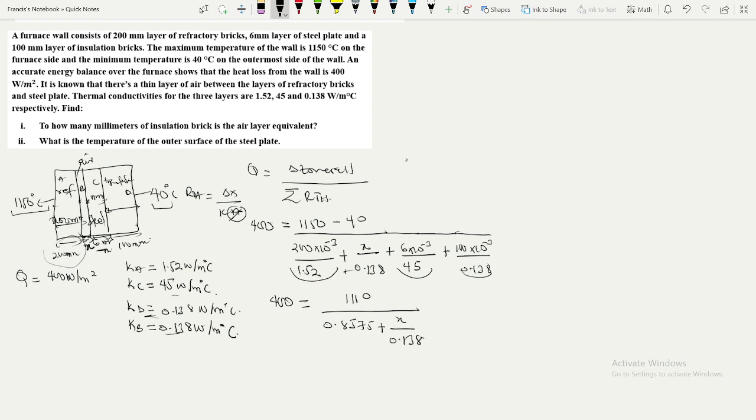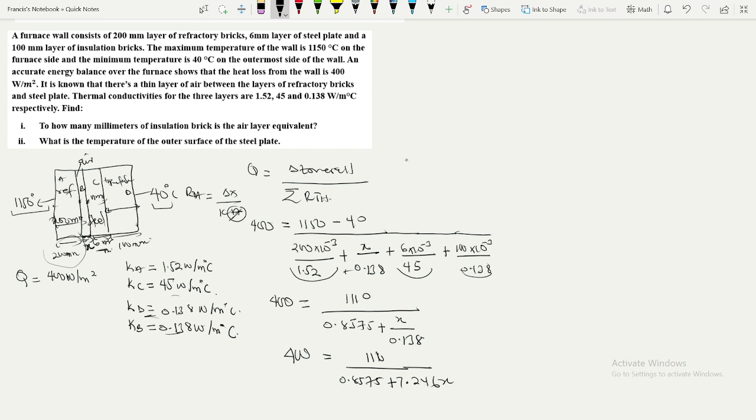So we can even evaluate this portion and see that 400 is equal to 1110 all over 0.8575 plus 1 over 0.138, that will give us 7.246 x.